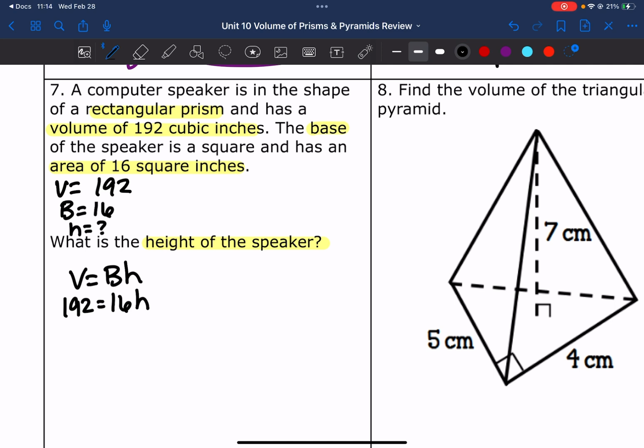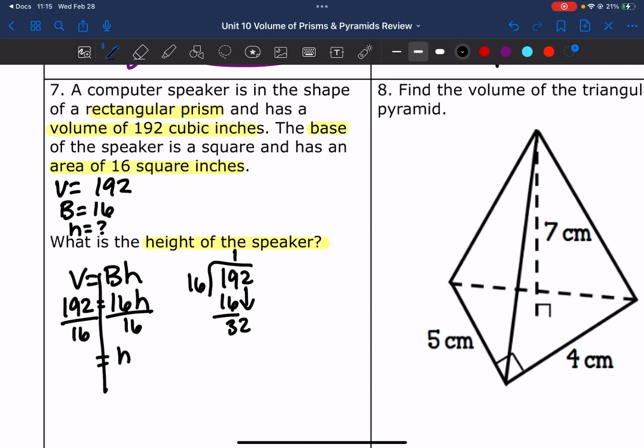I'm trying to find height, so I have to get rid of 16, and I have to do the opposite. Right now it's being multiplied. I'm going to divide by 16. And then here, 192 divided by 16. 16 can go into 19 one time, that'll be 32.